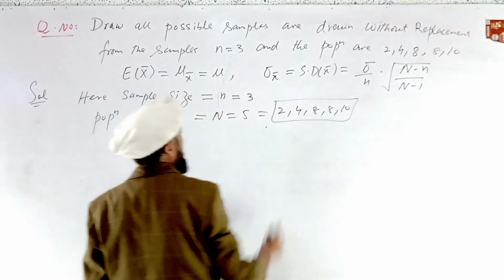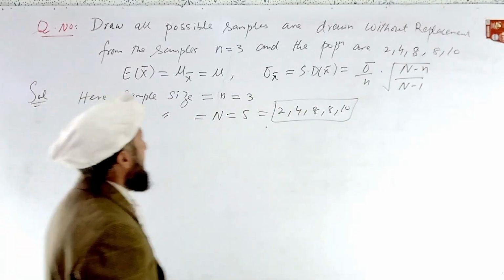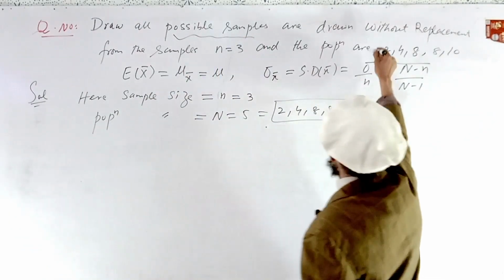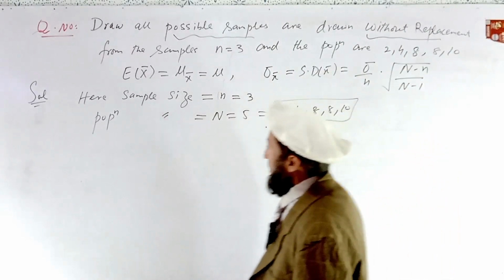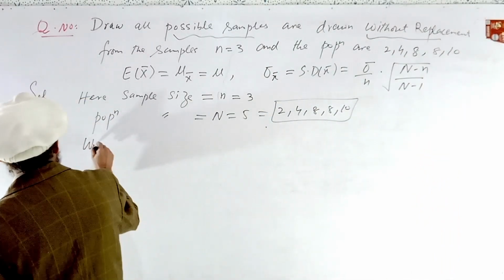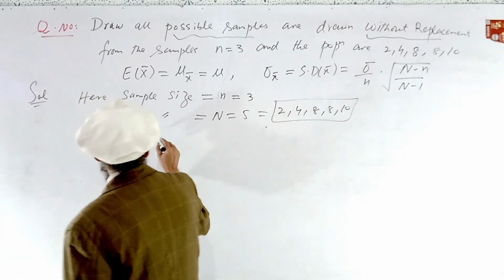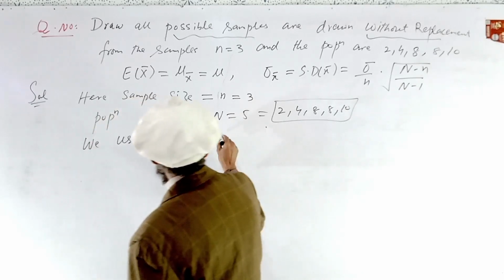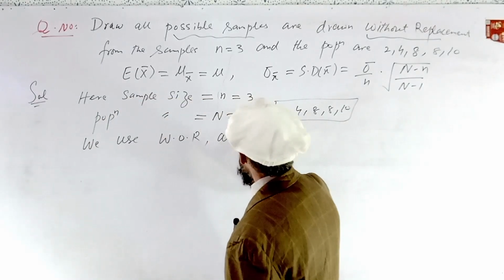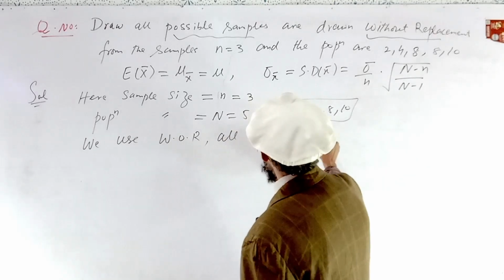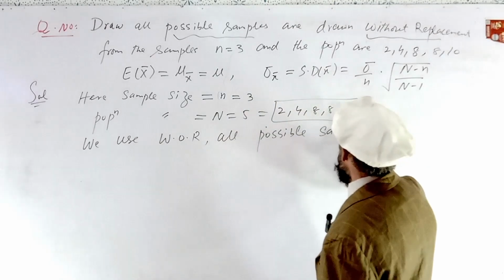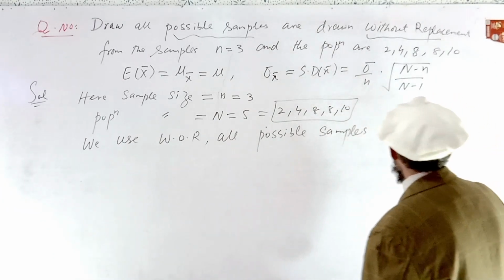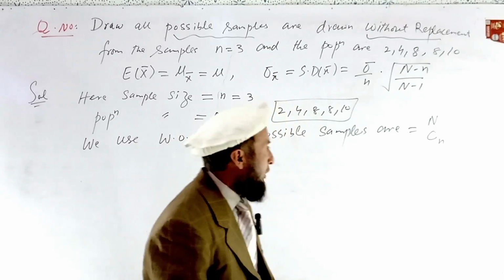These are the population values. Now all possible samples are required without replacement. For this we use N combination n, the formula for the without replacement case.